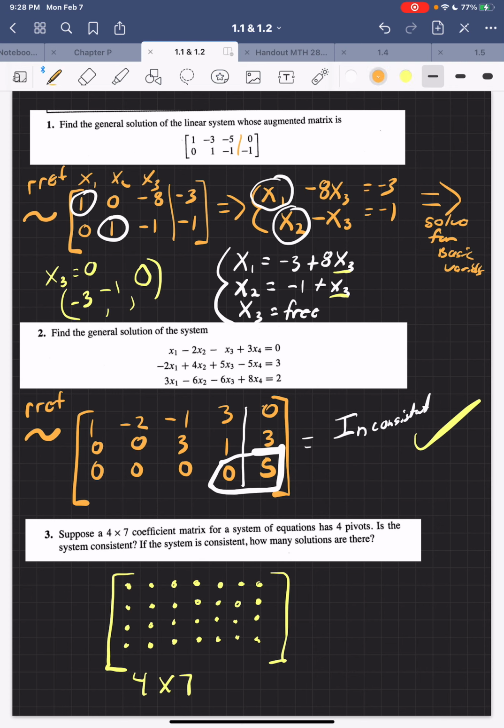Each of these columns is a variable, right? Remember, this is a coefficient matrix. There is no solution part. There's only the left-hand side of the equations. So in other words, there's 7 columns, so that means there's 7 variables.